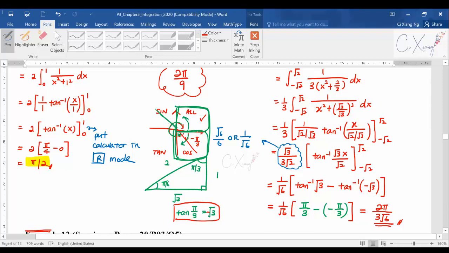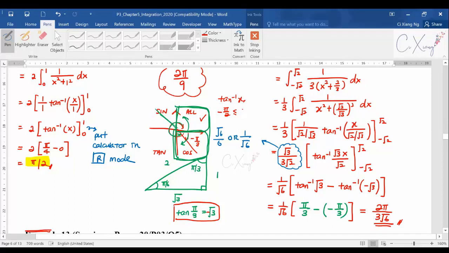You always have to remember that for the tangent inverse function, the domain that we take is from negative pi over 2... wait, is it the range or the domain?